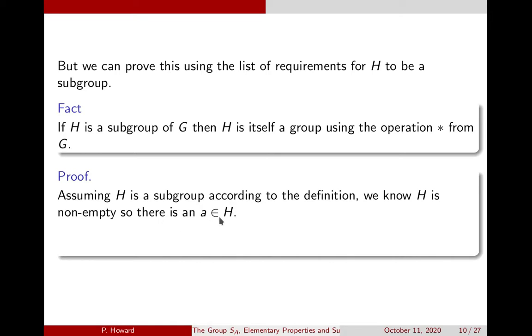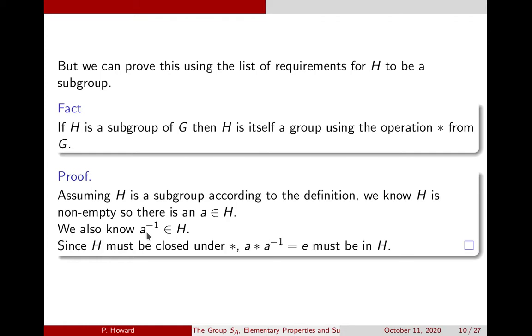There has to be something in H. We will pick one of those things and call it A. We also know by the final requirement for being a subgroup that if you have an element of H, its inverse has to be in H. By the third requirement, that H has to be closed under star, we know that A star A inverse, which is the identity, has to be in H. So there's our proof that a subgroup under the official definition must itself be a group, using the same operation that we use on G.